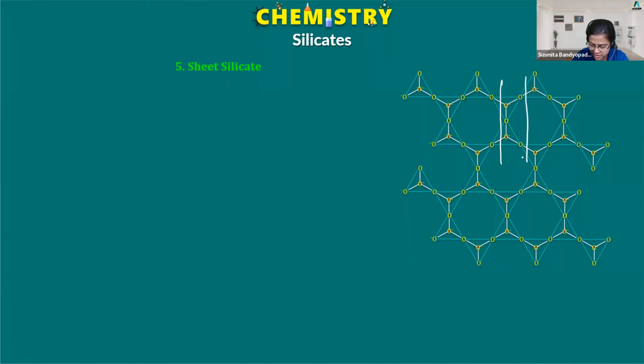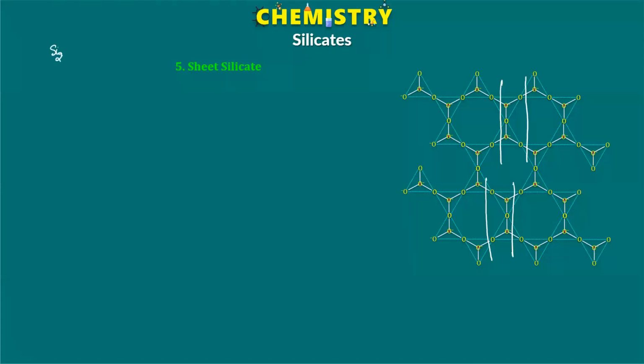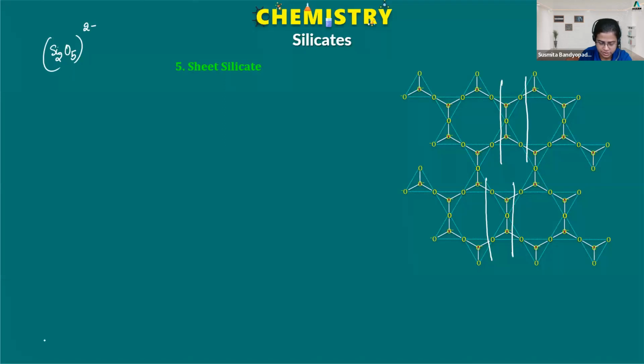You will definitely agree, you take this side or this side, it doesn't matter. This part is being repeated and it is Si2O5, but the charge minus only 2. This is being repeated.